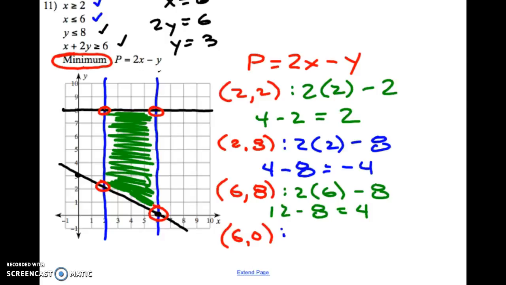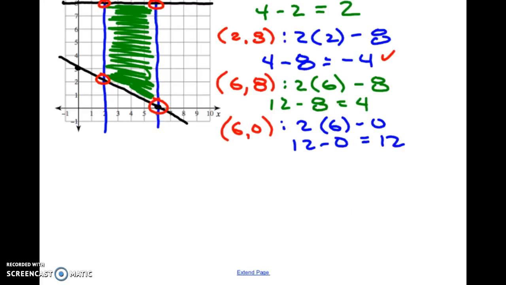And for the last point, let's see. So if you remember, we are looking for the minimum. The minimum value is right there at the negative 4.